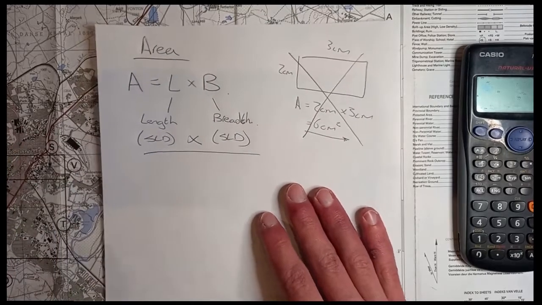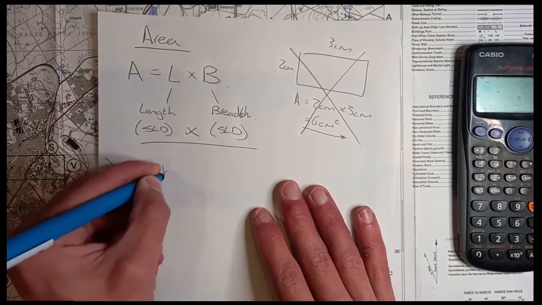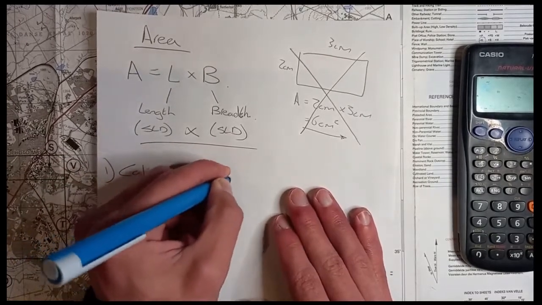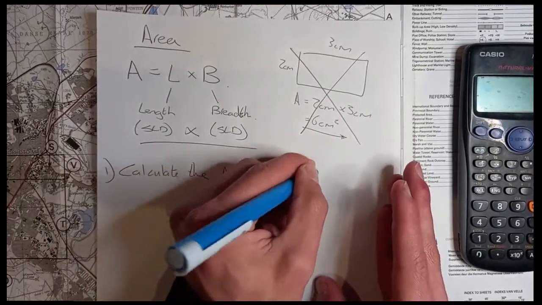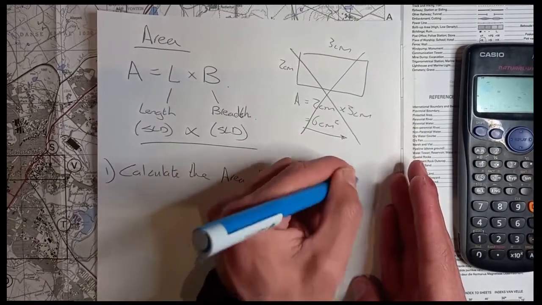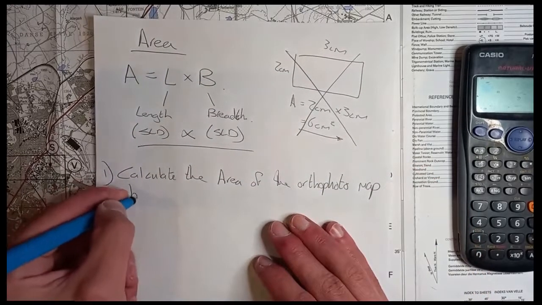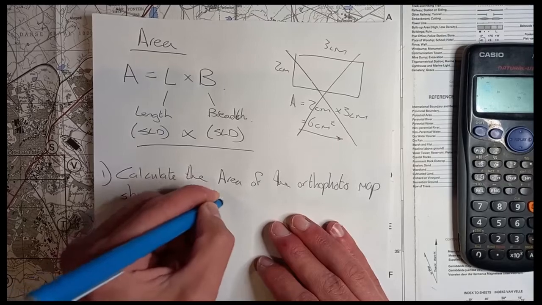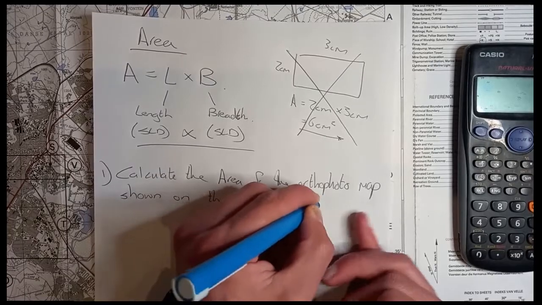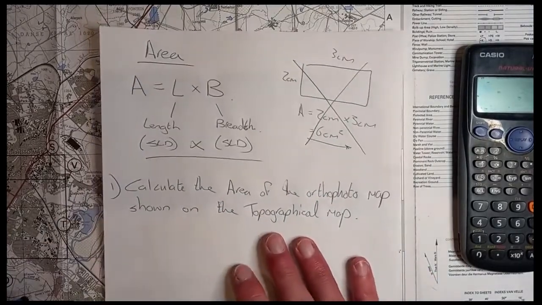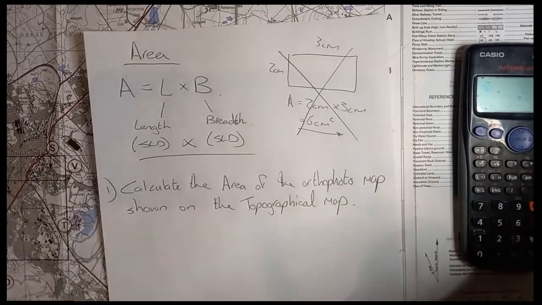So, the question will be, calculate the area of the orthophoto map shown on the topographical map. Right? So calculate the area of the orthophoto map shown on the topographical map.